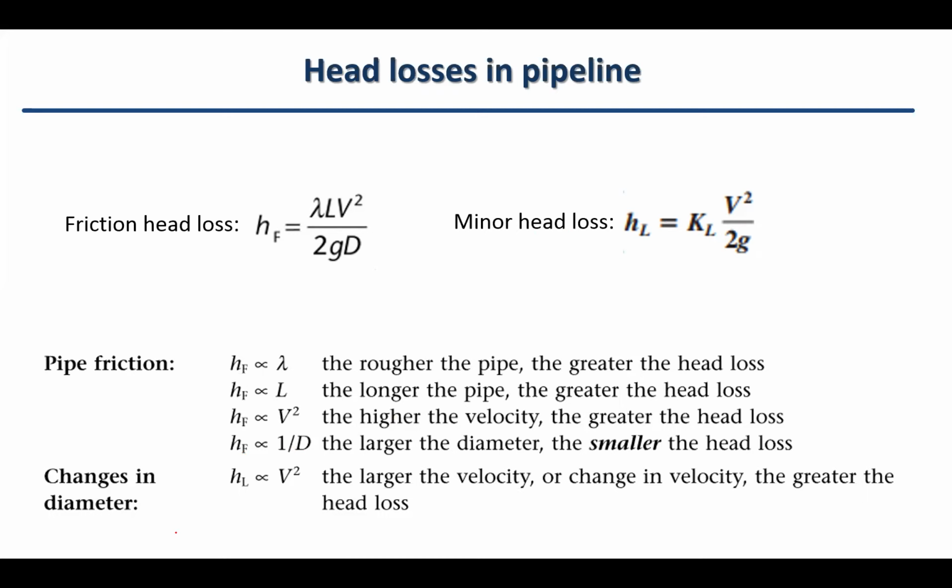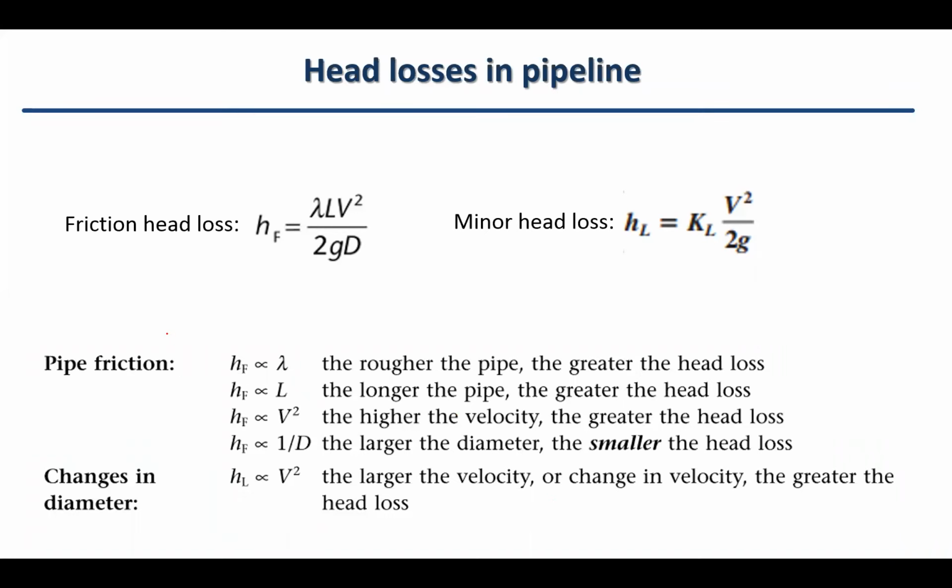And if we look at the relationship between the minor head loss and its other parameters, specifically the velocity has the same direct relationship as the friction head loss, raised to the power 2.